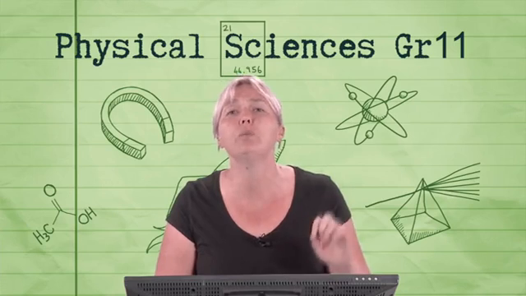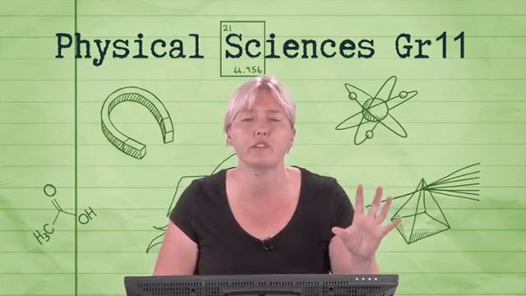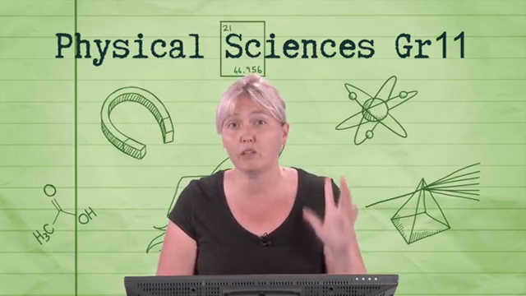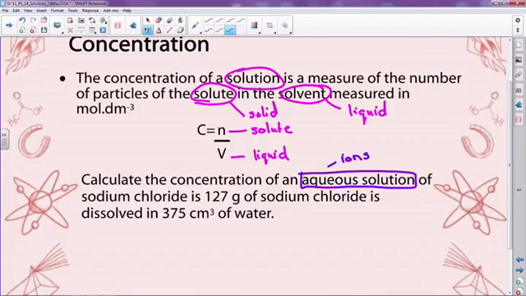You'll see a lot of the examples we work through today will be an ionic solid of some sort dissolved in water. So aqueous solution here means that there are ions dissolved in water. All right, so calculate the concentration of an aqueous solution of sodium chloride, and there's my ionic substance.